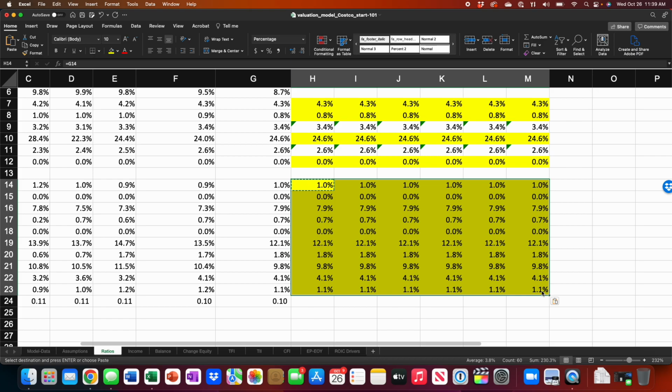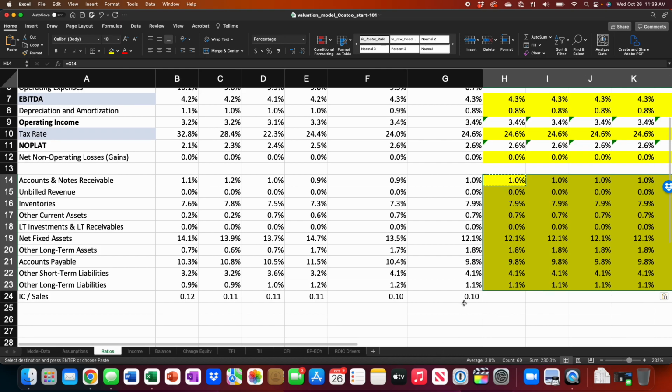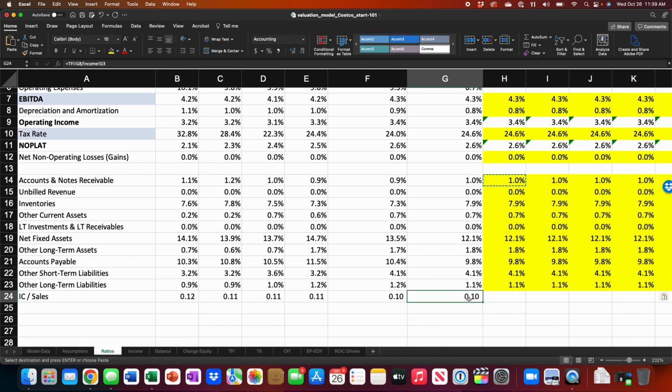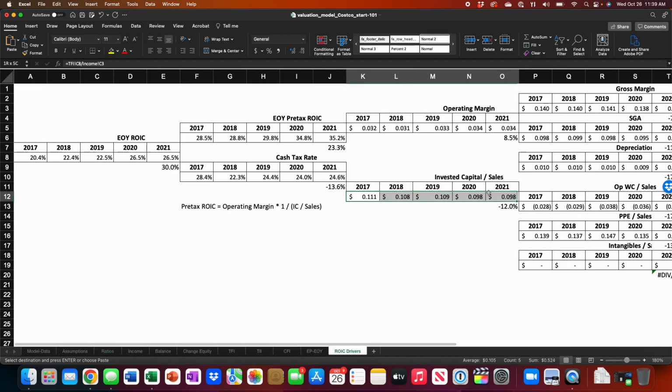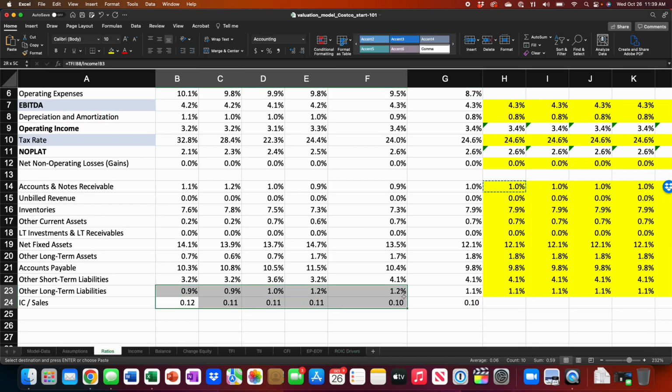Now the one that I didn't copy over was row 23. Row 23 is invested capital divided by sales. That should sound familiar because if you remember in our ROIC tree, that's this productivity driver, right? So what we've done here is I've put under the ratios tab a solving of invested capital to sales to basically be my own personal sanity check.